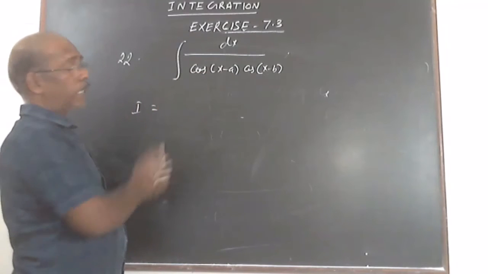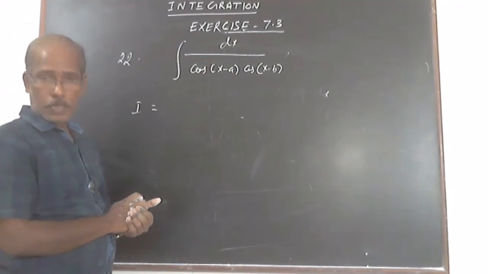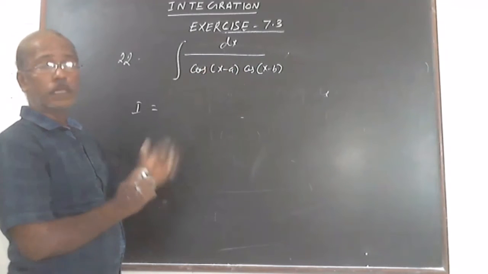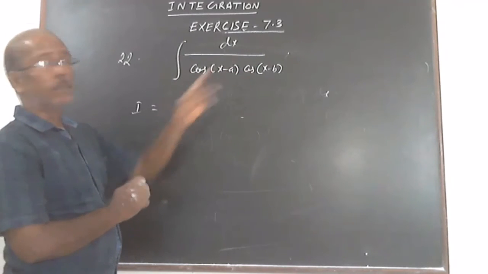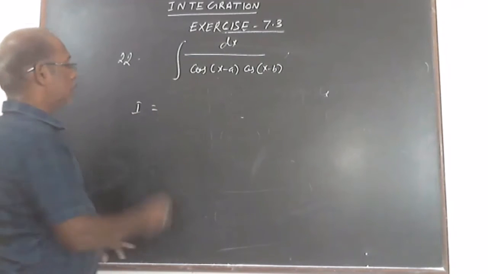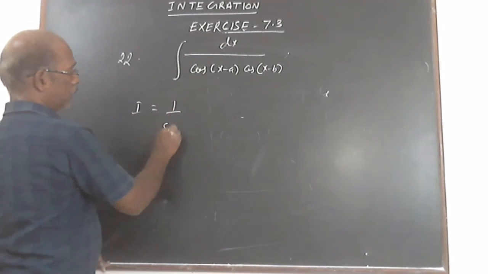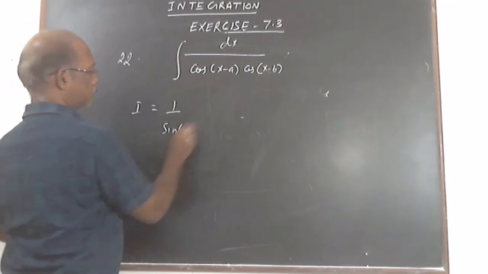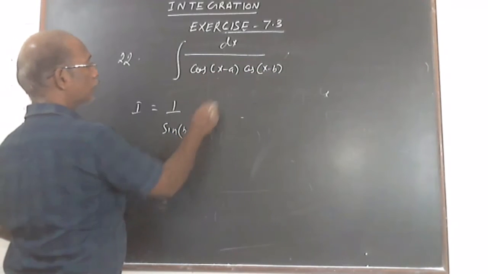Then cos of a minus b or sin of a minus b is constant. So we can multiply and divide by sin of the difference of angles, adjusted by multiplying and dividing. So 1 by sin of the difference of these two angles, b minus a.